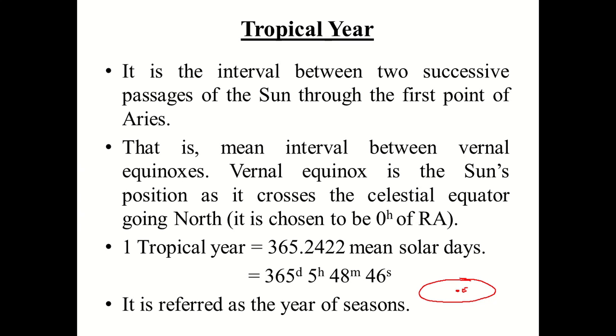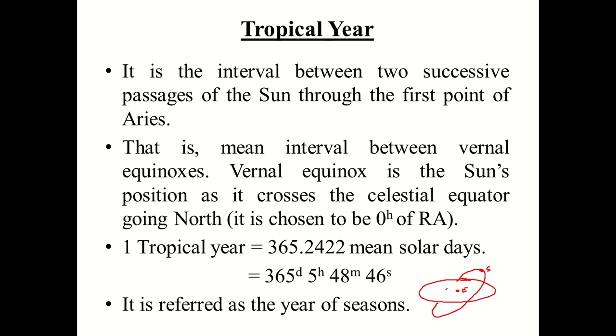So this is the reference. Suppose what we are observing is the Sun revolving around the Earth. So suppose this is the path of the Sun, and this is the orbit of the Sun.